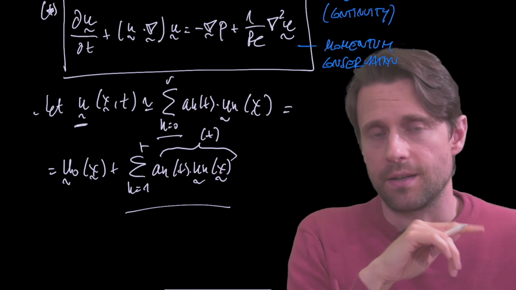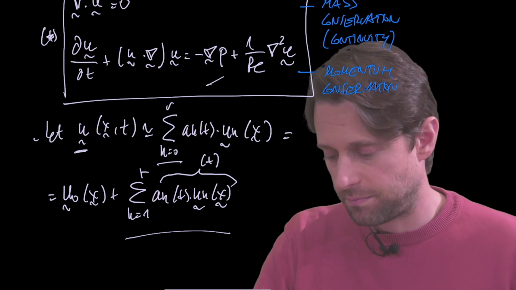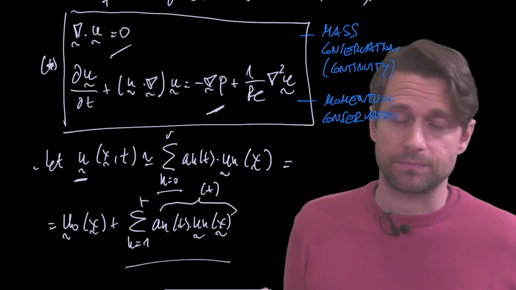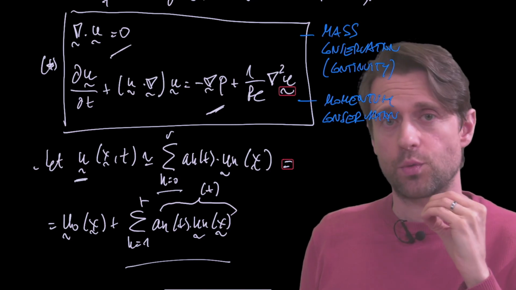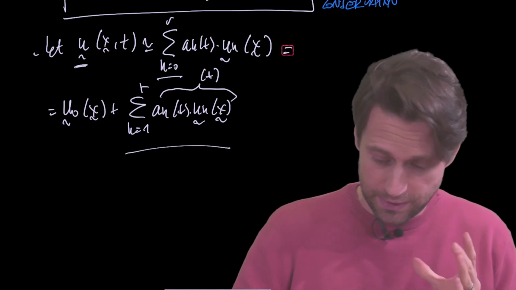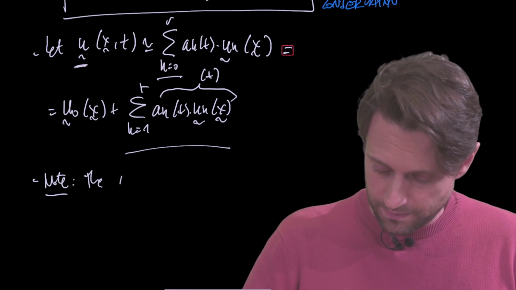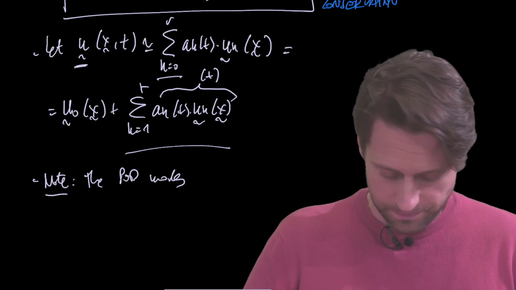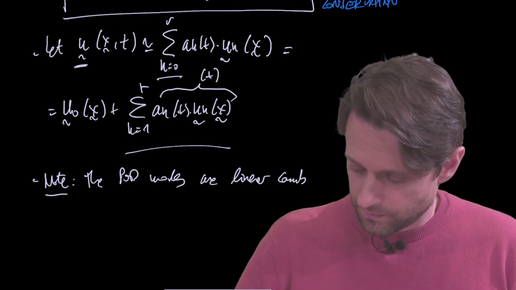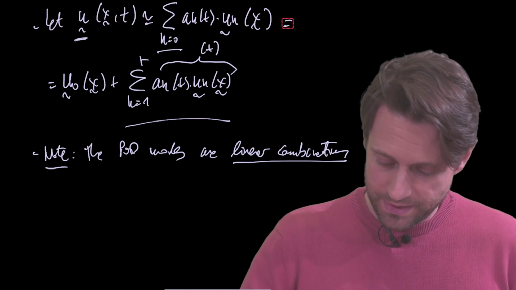Now, an important thing here is that we're going to be using the pressure gradient together with the continuity to basically satisfy continuity. And that will be a way for us to ensure that the modes also satisfy the boundary conditions. So in other words, note, the POD modes are linear combinations of the snapshots.